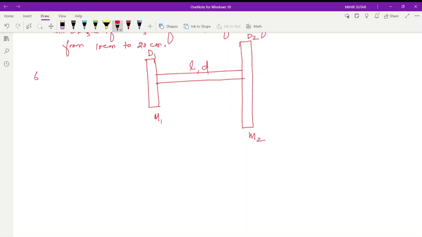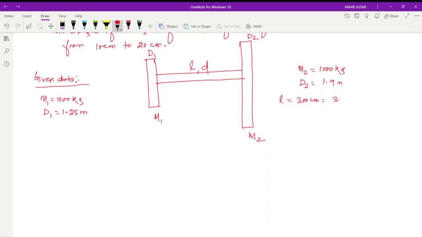And the given data: M1 500 kg, D1 is 1.25 meter, M2 is 1000 kg, D2 is 1.9 meter, and shaft length L, it is given 300 centimeter, that is 3 meter.